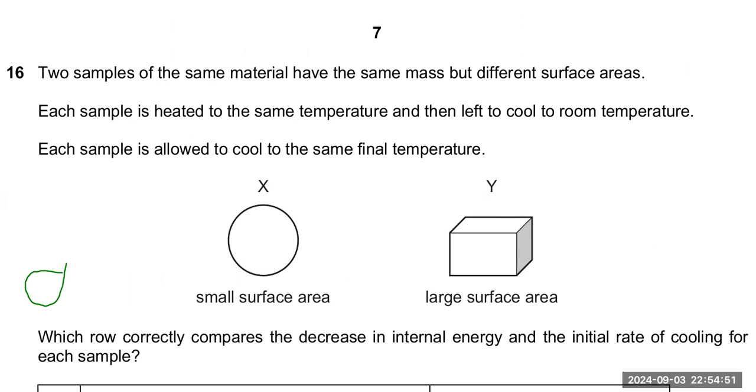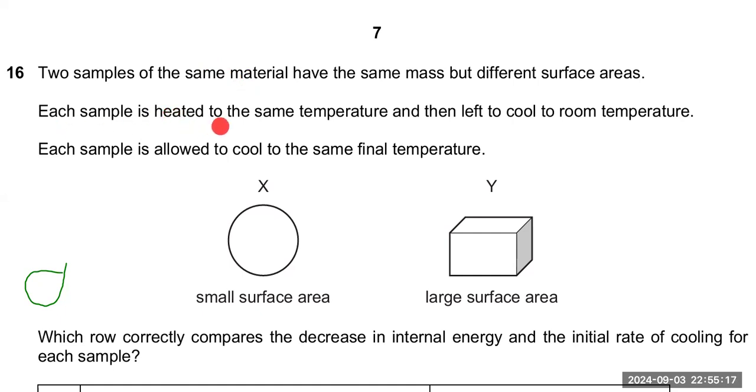Look at that. Two samples of the same material have the same mass but different surface area. Look at the diagram: this is a circular diagram, this is a cubical shaped diagram, and both objects are made of the same material, as mentioned in the question.